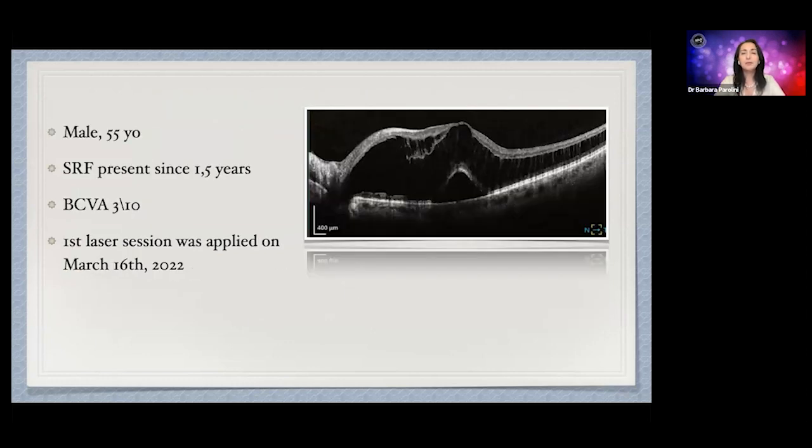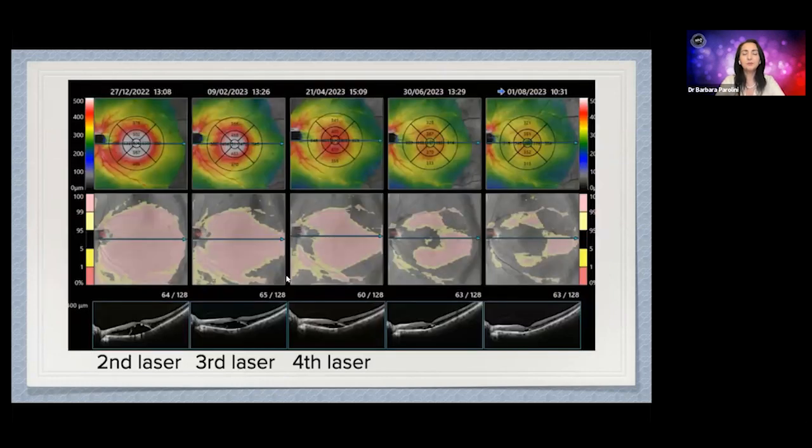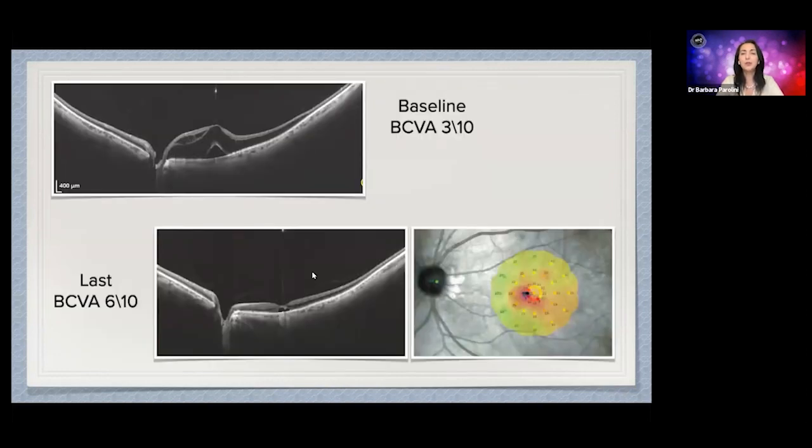The first case is a male, 55 years old. He has had subretinal fluid for a long time. Visual acuity is 3/10. And this is the day where I do the first session. But then here you see the follow-ups and the progression of the case toward anatomical improvement, but also functional improvement, as shown here, where I compare the baseline image, where the visual function was 3/10, with the last follow-up, where the visual function is 6/10.